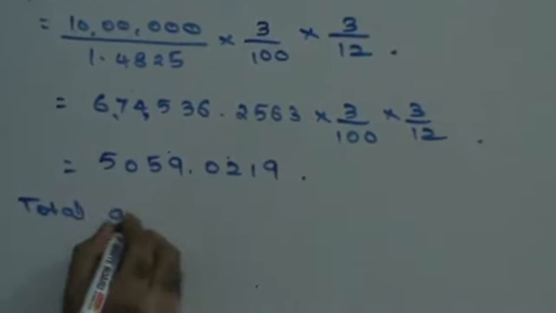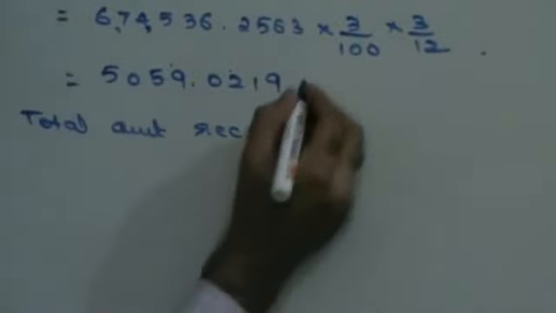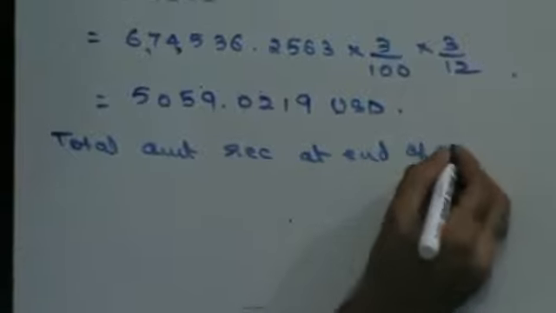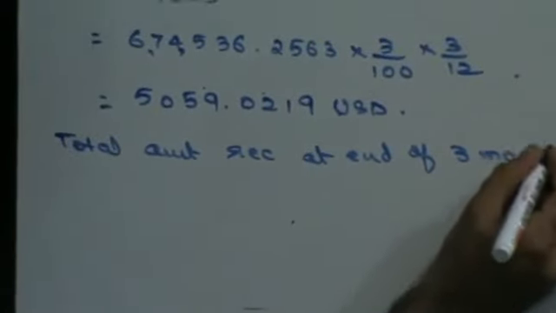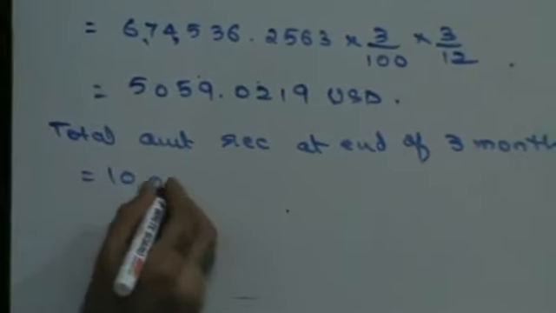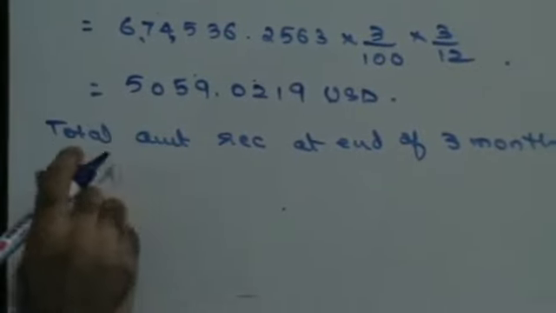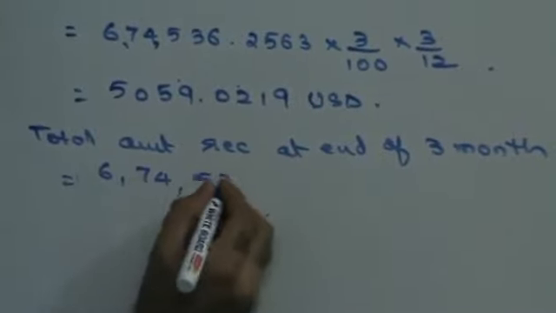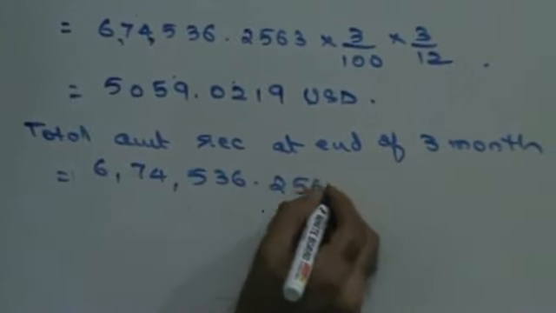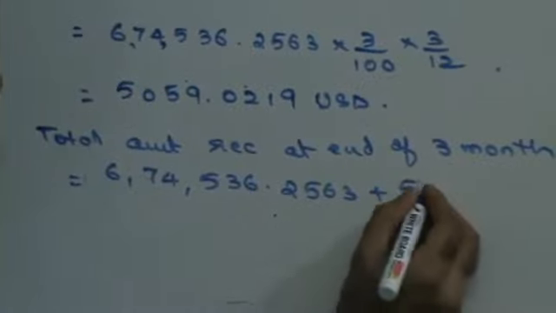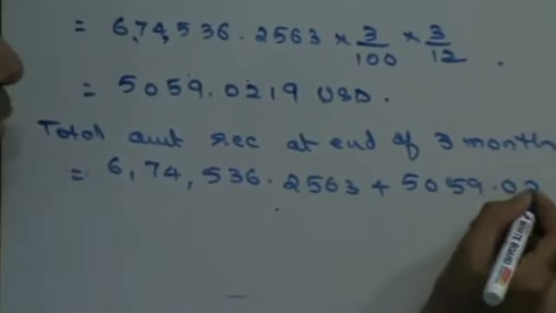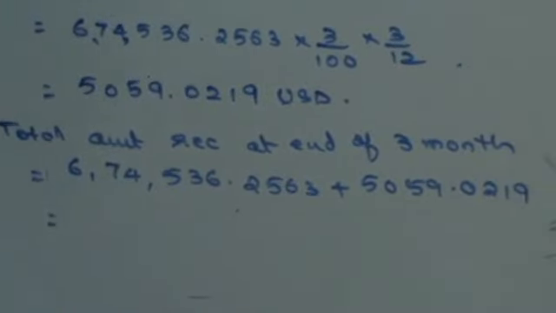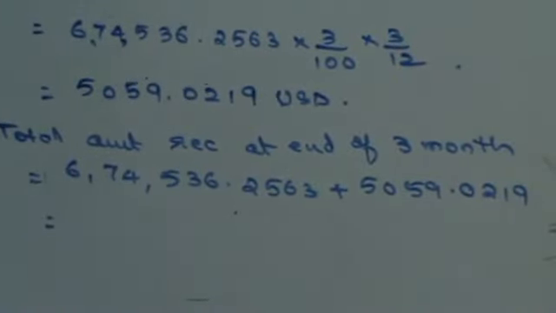Total amount received at end of 3 months: I had put in 674,536.2563 dollars, plus I'm going to get an interest of 5059.0219 US dollars. Someone please add this to find out the total amount I'm going to have with me in the US bank.